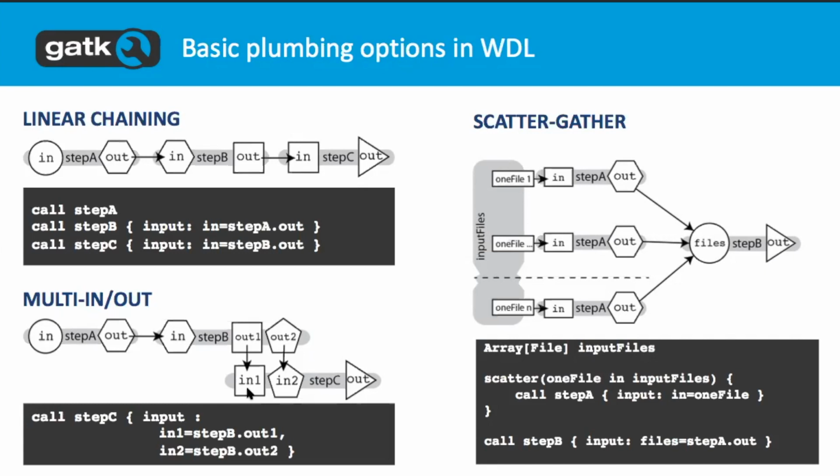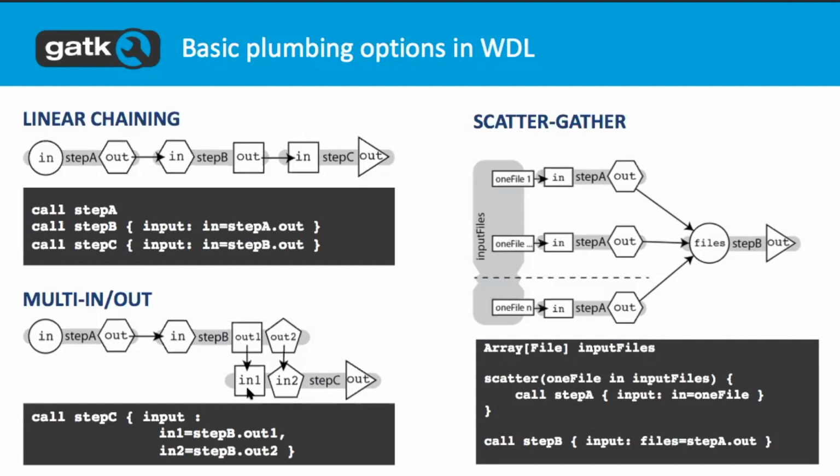Similar to this scatter-gather scheme, but if there are multiple steps which could be run in parallel, followed by another step, whereas in this example we have one step on multiple input files, would you have other scatter-gather possibilities where you have step A, step B, step C running in parallel?